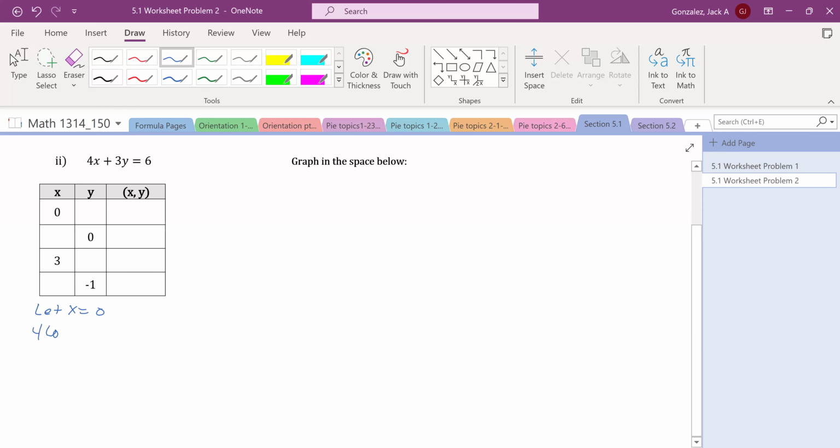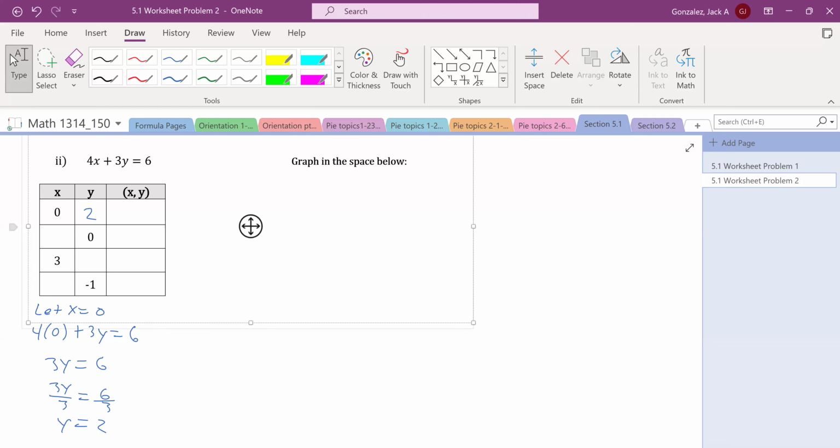You get 4 times 0. So X is 0, you get Y is 3 over 2.